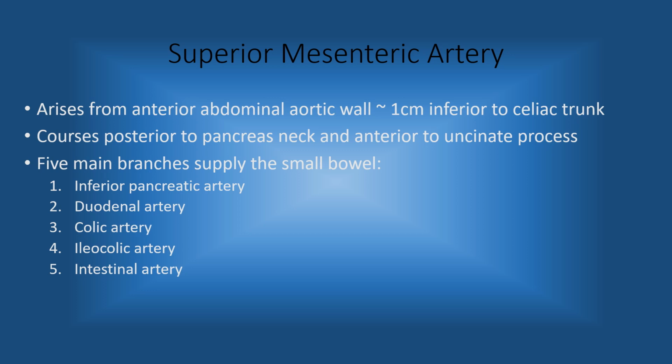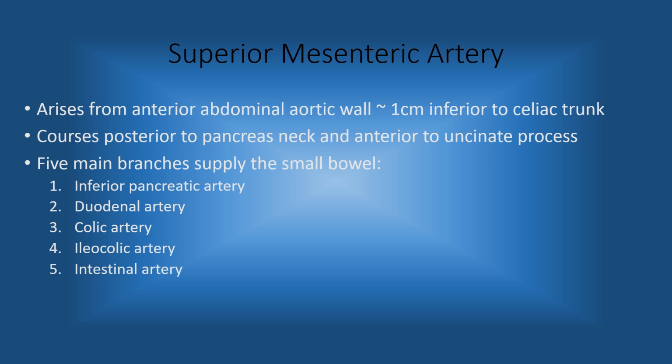And then you want to think of the superior mesenteric artery as supplying most of the small bowel. And then when we get to the inferior mesenteric artery, you want to think of it as supplying sort of the large bowel. That's not a perfect division, but if you keep that kind of in mind, superior mesenteric, small bowel into the right, inferior large bowel into the left.